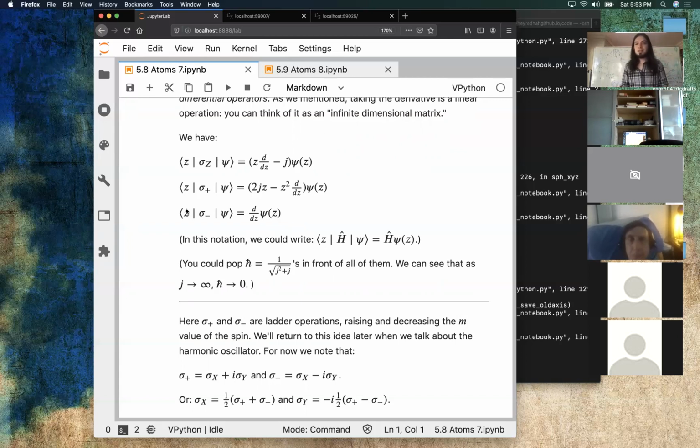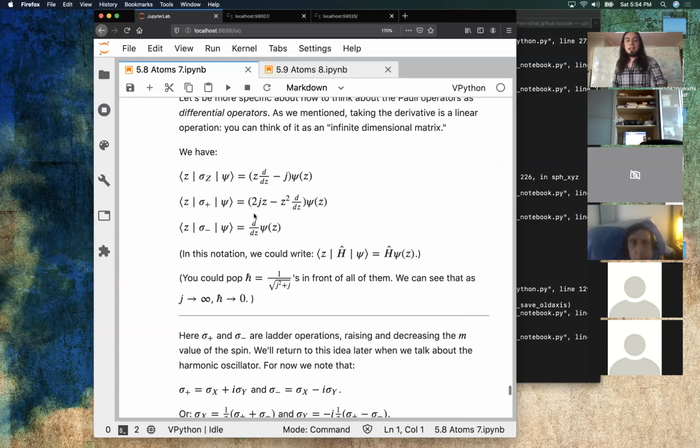These two have representations as differential operators. We can represent sigma plus as 2jz minus z squared d/dz. And most beautiful of all, and this is actually implicit in what I said up here, the sigma minus operator, the lowering operator, is just the derivative with respect to z.